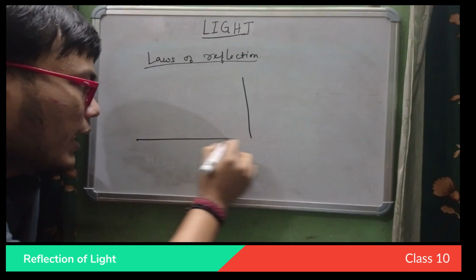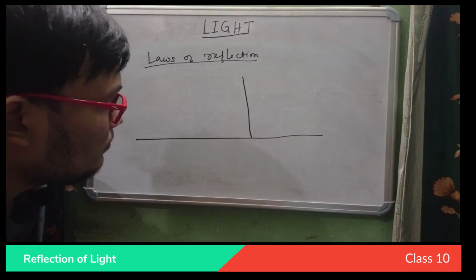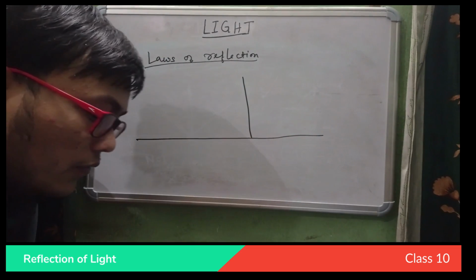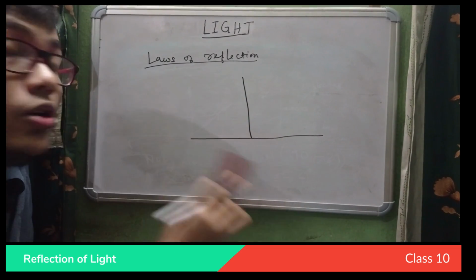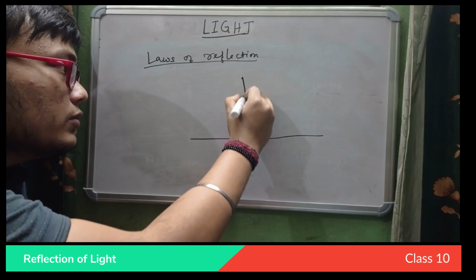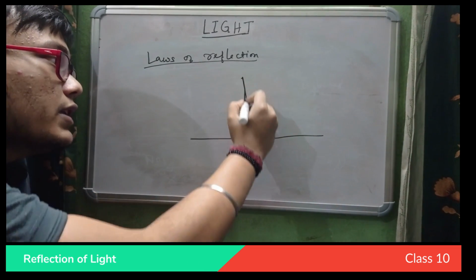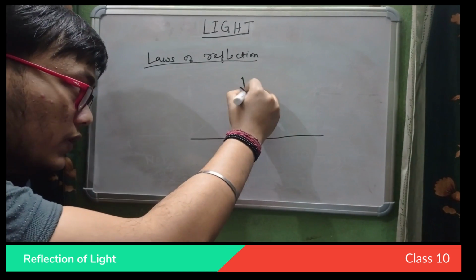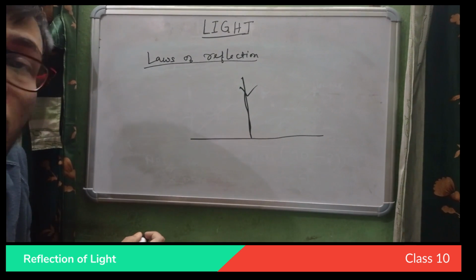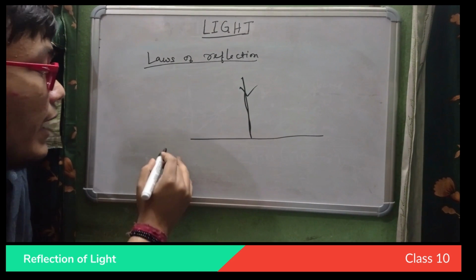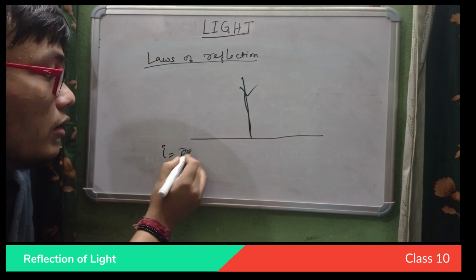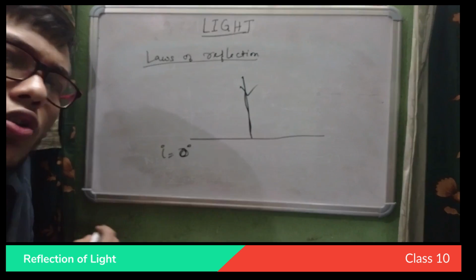Now for example, say the angle of incidence is along the normal. So what is the angle of incidence in this case? It's 0 degrees, because it's along the normal, right?